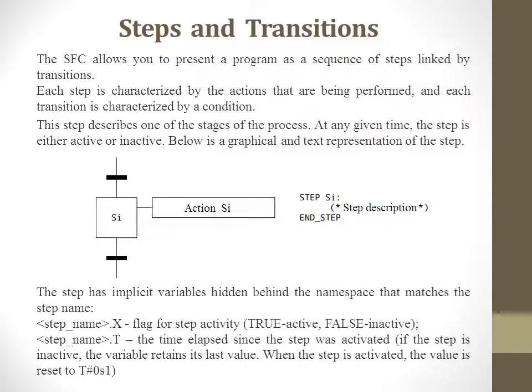Next, this variable holds the time elapsed since the step was activated. If the step is inactive, the variable retains its last value. When the step is activated, the value is reset. It's a time type variable.